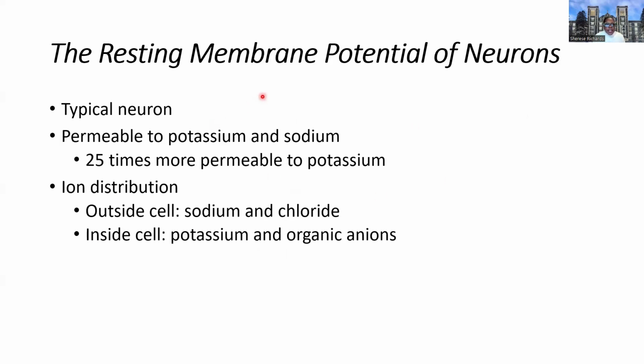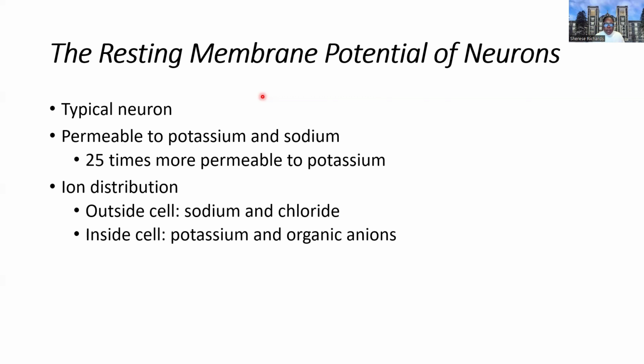So when we think about a typical neuron, we want to understand that it has a greater permeability for potassium. That's another important piece of the puzzle to describe before we start talking about how each ion is moving. So there's more permeability for potassium. And when we say the word permeability, you should be thinking in your mind channel because these ions cannot go through the membrane. So it's really important to have that association.